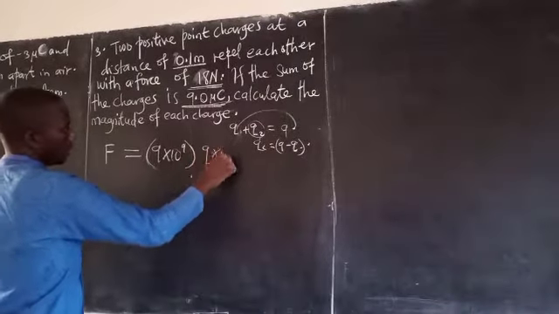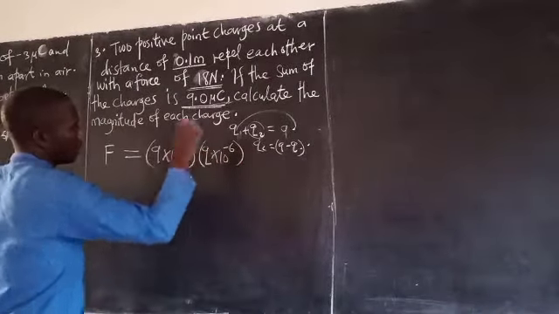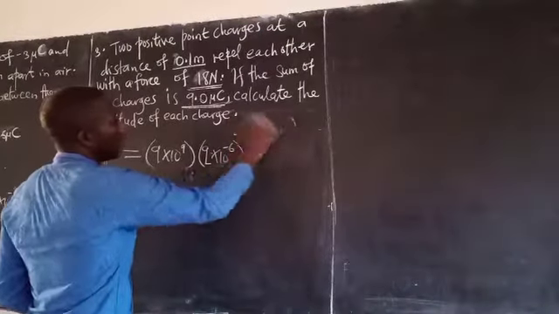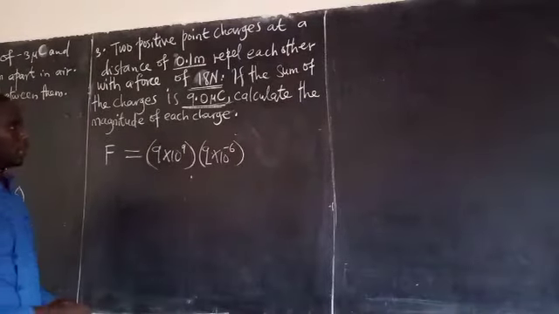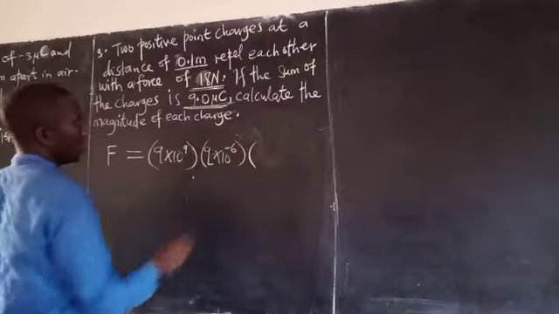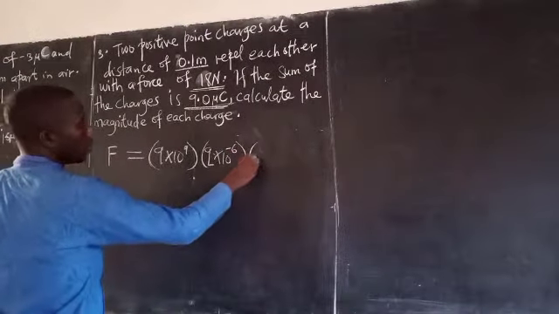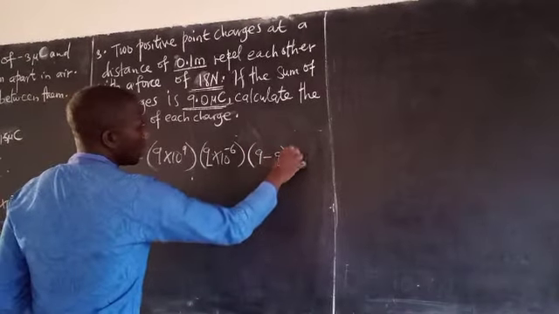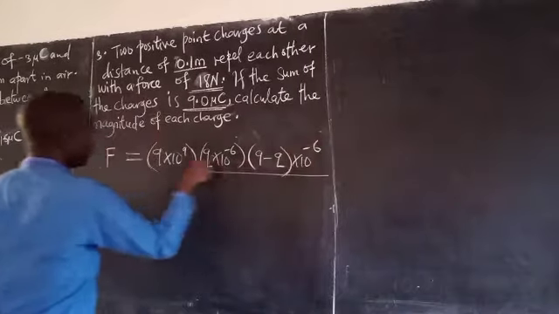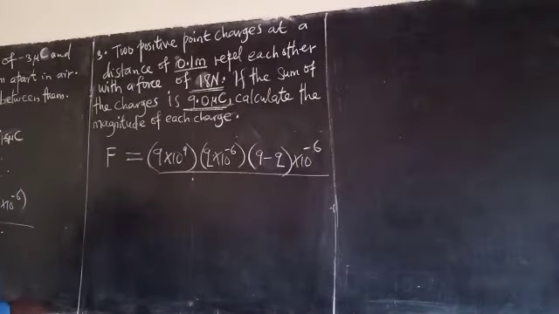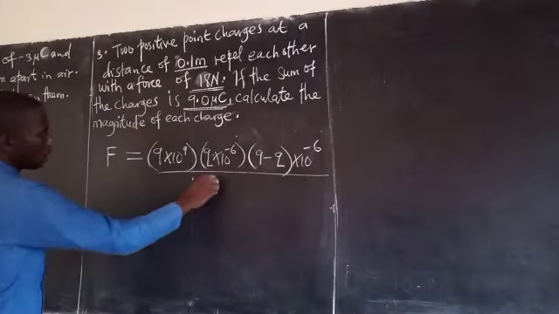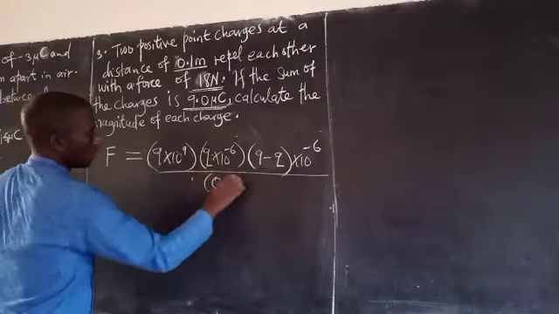we can also take the micro value, so that we cater for it in the calculation. Then another one is 9 minus q, then exponent -6. Then we are dividing by the separation, which is 0.1 squared.